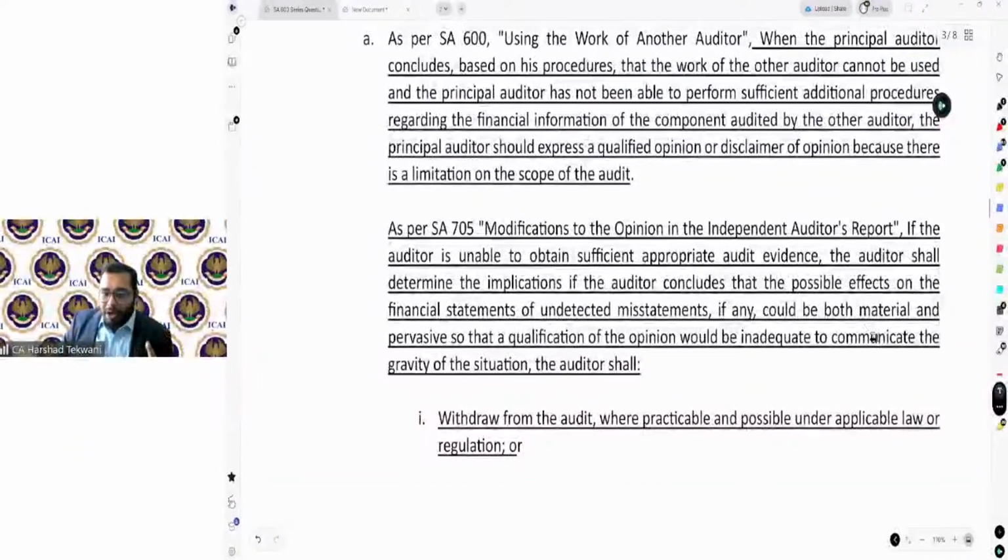And why not qualify? Because the possible effects on the financial statements of undetected misstatements could be material and pervasive, and in that case, qualification of the opinion would be inadequate to communicate the gravity of the situation. Hence, qualification is not appropriate in this case.